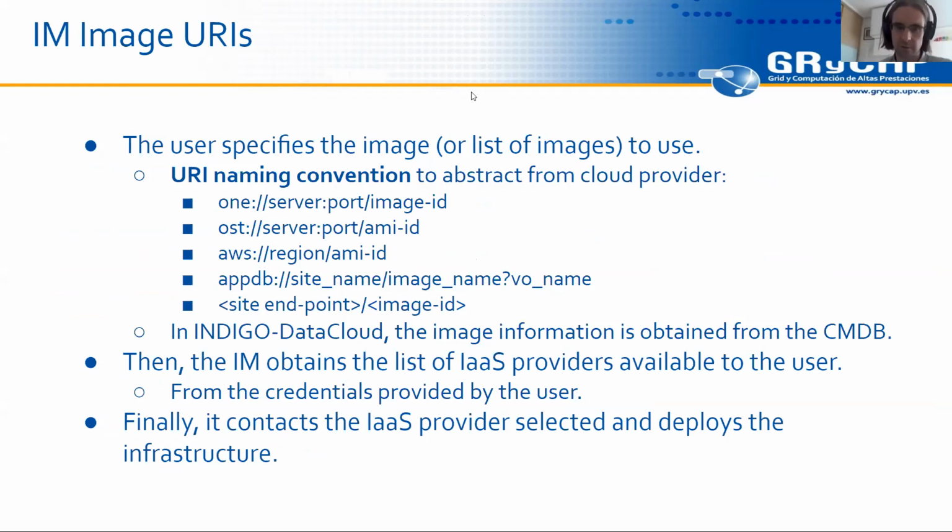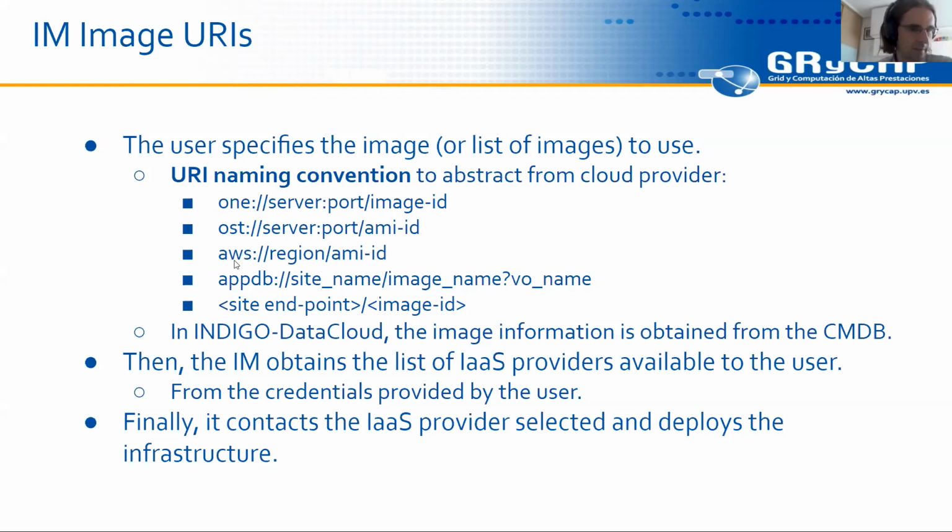The Infrastructure Manager uses a URI naming convention in order to select the image to be used in the deployment of the virtual machine. For example, we use this kind of naming. In case of OpenStack, we use ost:// and the name of the server and the image ID.